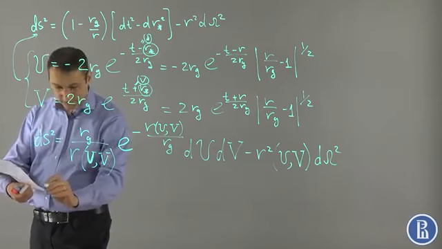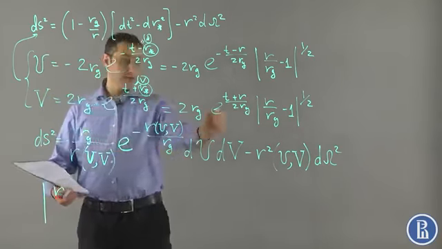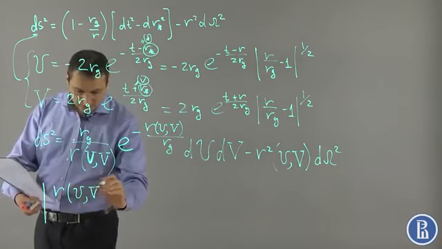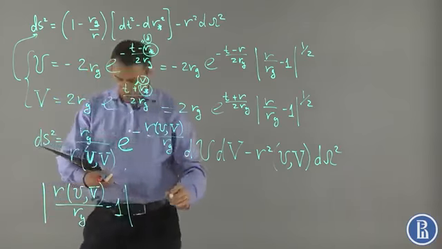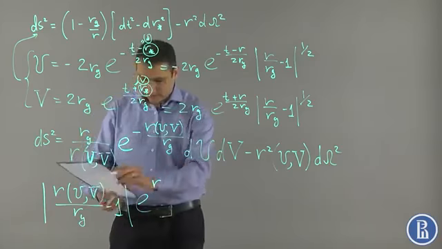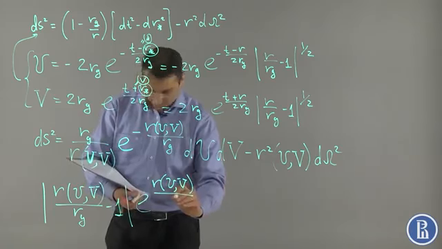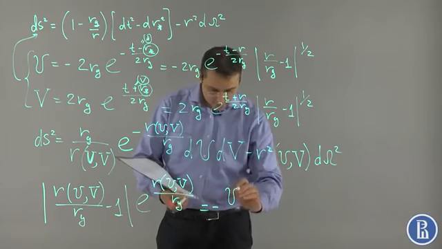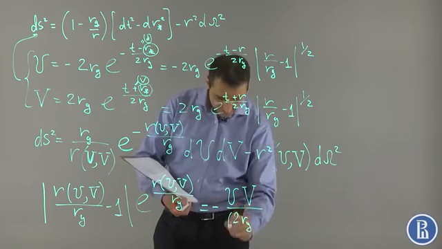If we just multiply this by this, one will get rid of t, and then the function r of U and V is defined implicitly by: r divided by rg minus 1, multiplied by exponent of r divided by rg, is equal to minus U times V divided by 2rg squared.